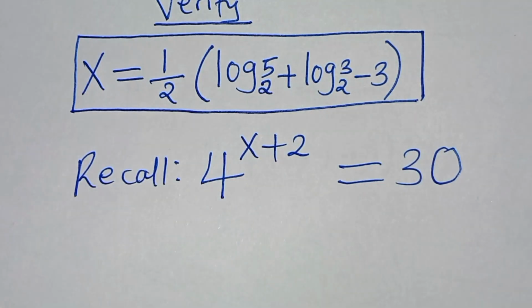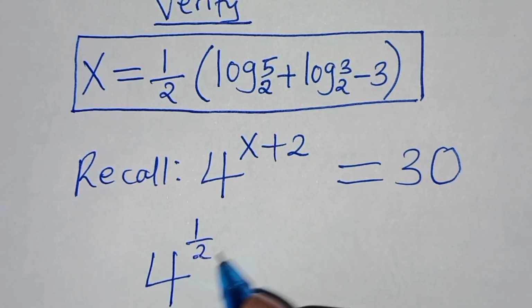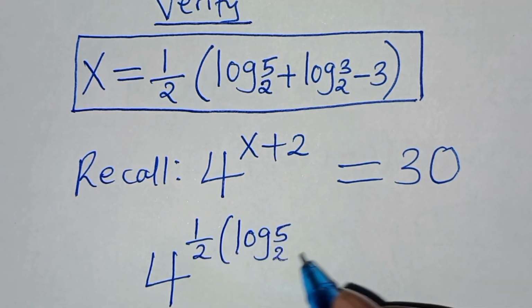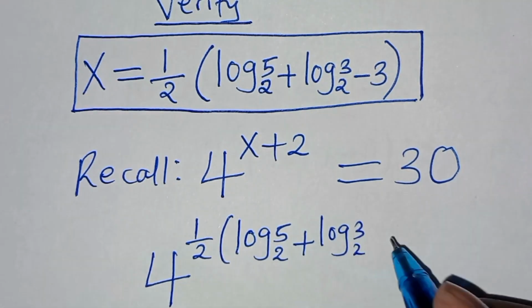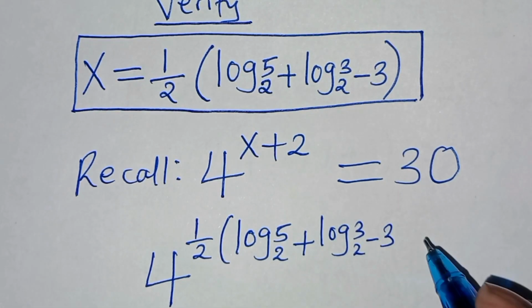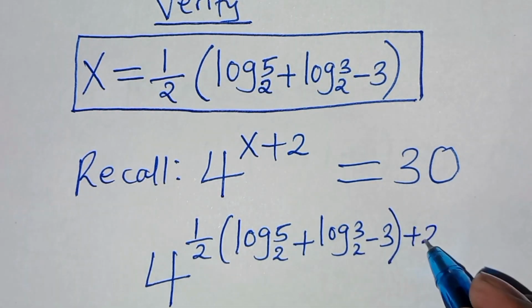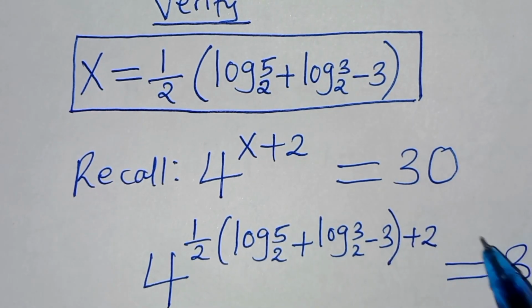Let's substitute the value of x. So we have 4 to power a half into the parentheses, this is log 5 to base 2 plus log 3 to base 2, subtract 3, close the bracket here, then plus 2. This should give us a value of 30.